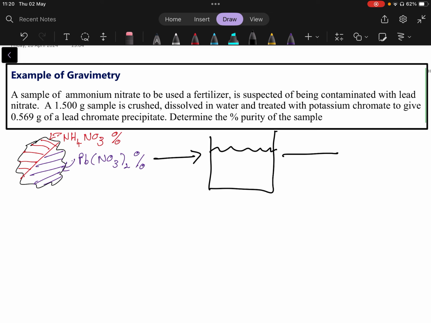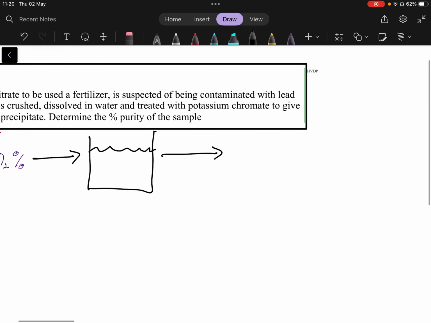And to this beaker, we then add, so let's say in another beaker, we then add some potassium chromate. So potassium chromate, K2CrO4, is in here. And this one contains lead nitrate and the ammonium nitrate.